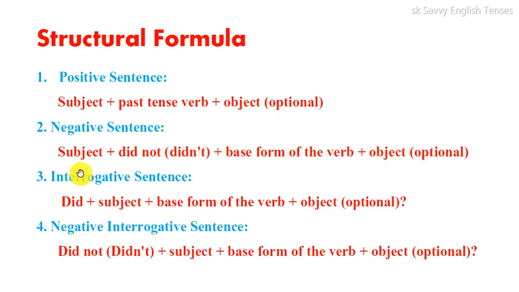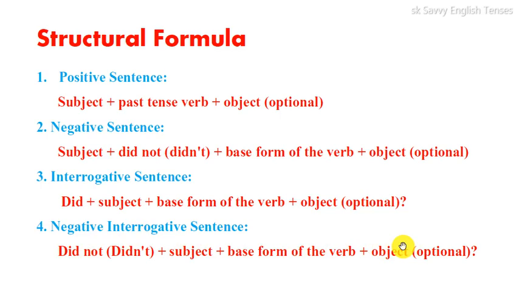And the third one is the interrogative sentence, and the formula is did plus subject plus base form of the verb plus object. And the fourth one is the negative question, or we can say the negative interrogative sentence, and the formula is did not plus subject plus base form of the verb plus object.